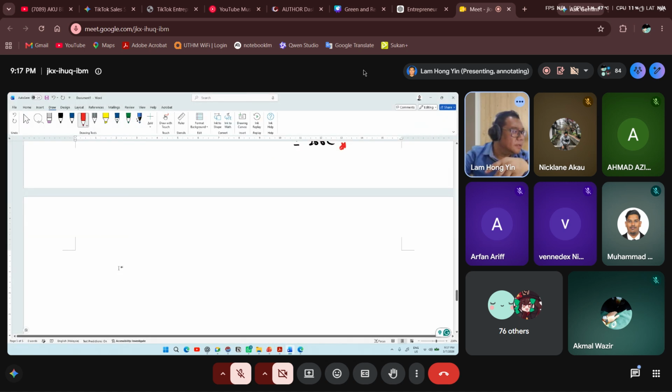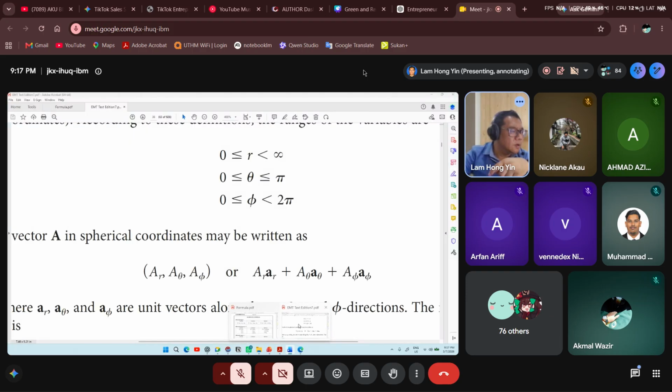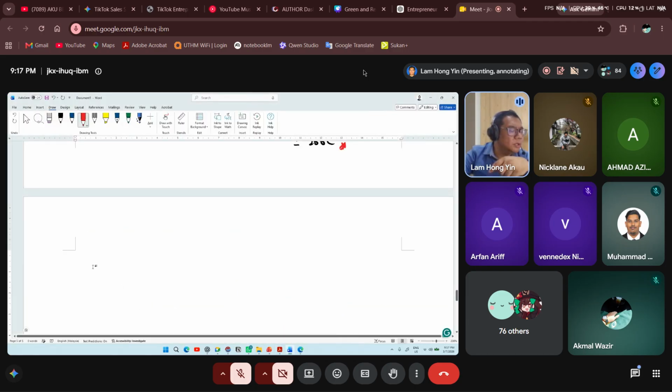Now, when we talk about the coordinate system, we need to touch a little bit on vector calculus. Let me show a little bit of the vector calculus related to this.